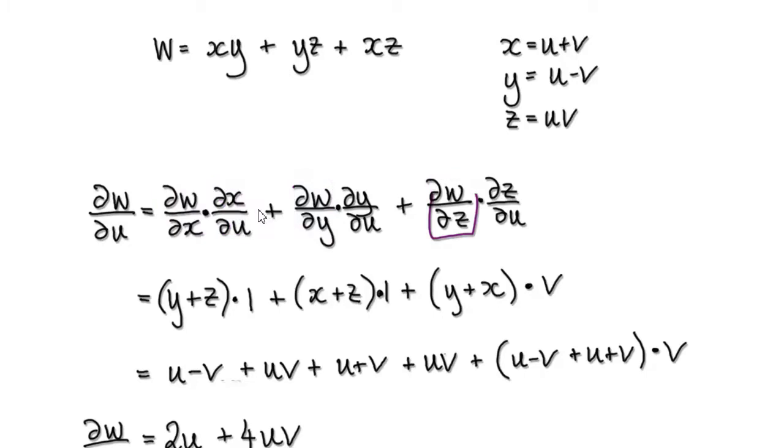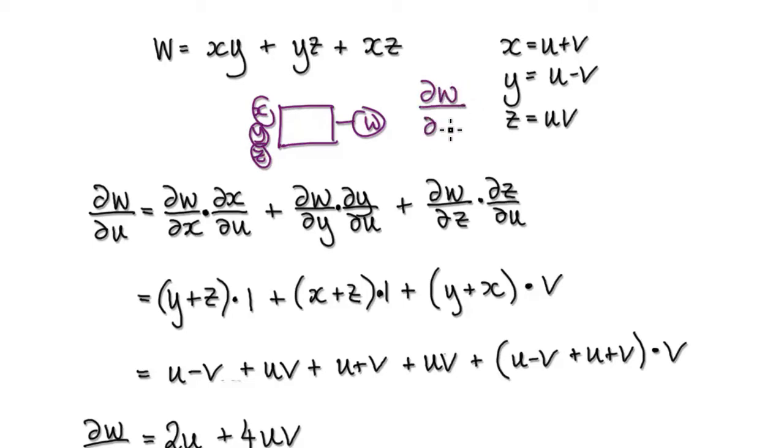What that means is, if you look at our machine, w, x, y and z, here you've definitely got the partial derivative of w with respect to x, as opposed to dw/dx, say. This is not the case because you've got three variables coming into the machine.